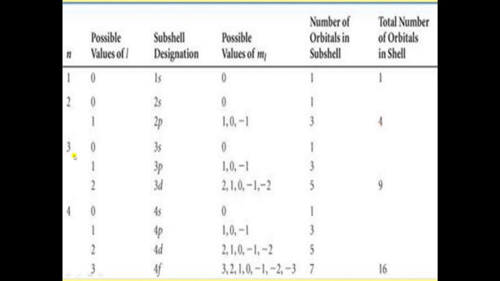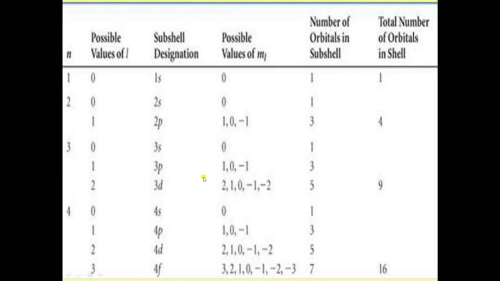In the third shell, the possible values of l are 0 to n minus 1, 0 to 3 minus 1, that is 0 to 2. So 0, 1, 2. Now the subshell designation. For 0 we will write s, for 1 we will write p, for 2 we will write d. The shell is third, so here 3s, 3p and 3d. Now we will find out the value of ml. For 0 we will write 0.